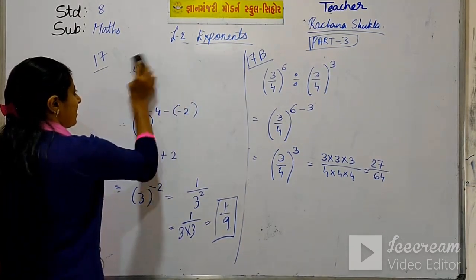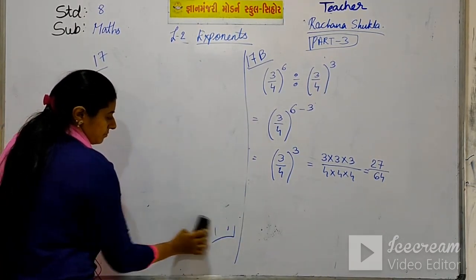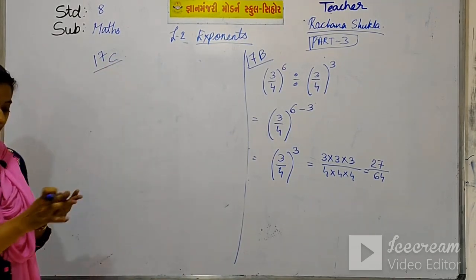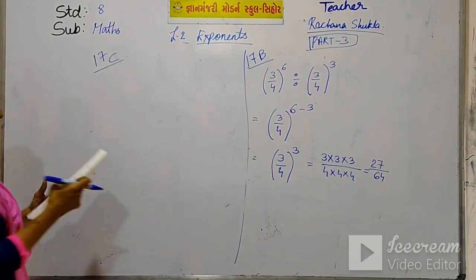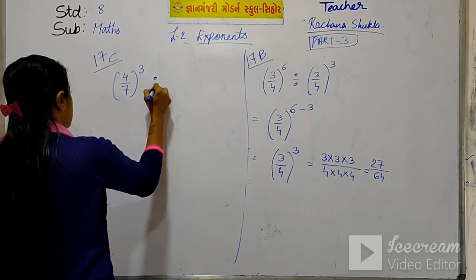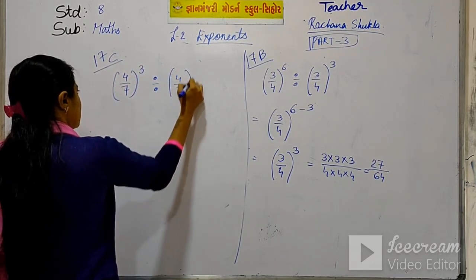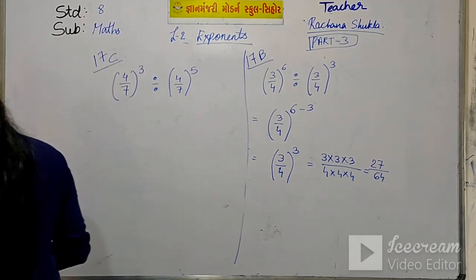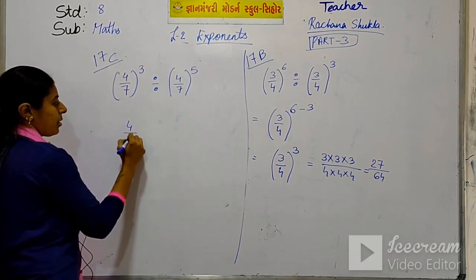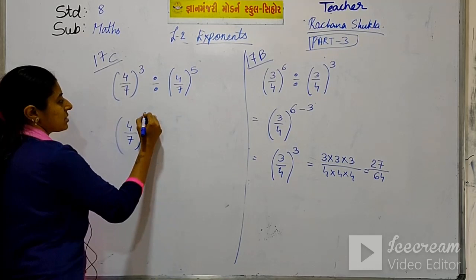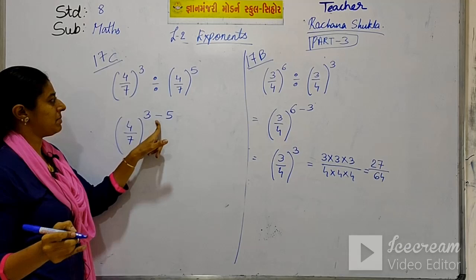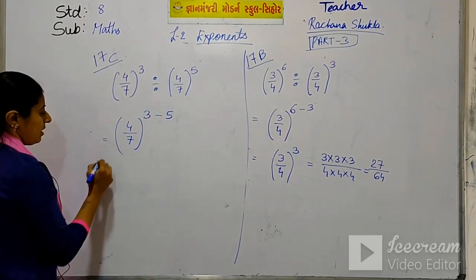The last sum of our lecture, 17C. 4 upon 7 to the power 3 divided by 4 upon 7 to the power 5. Now, same base, so 4 upon 7. Different powers, so 3 minus 5. This 3 will be here, divide will be minus, and this will be 5.